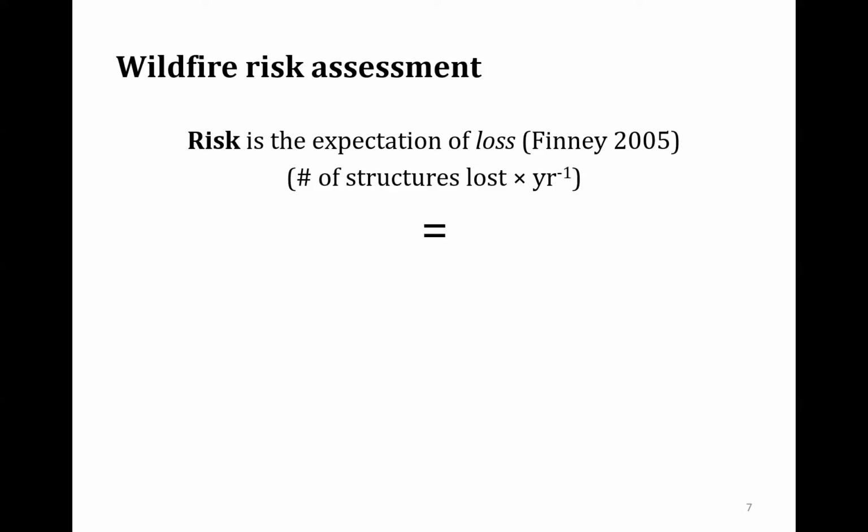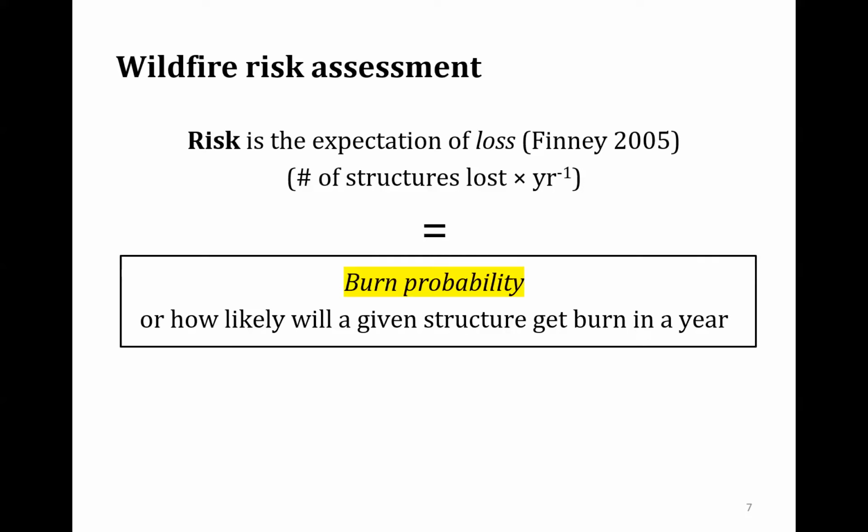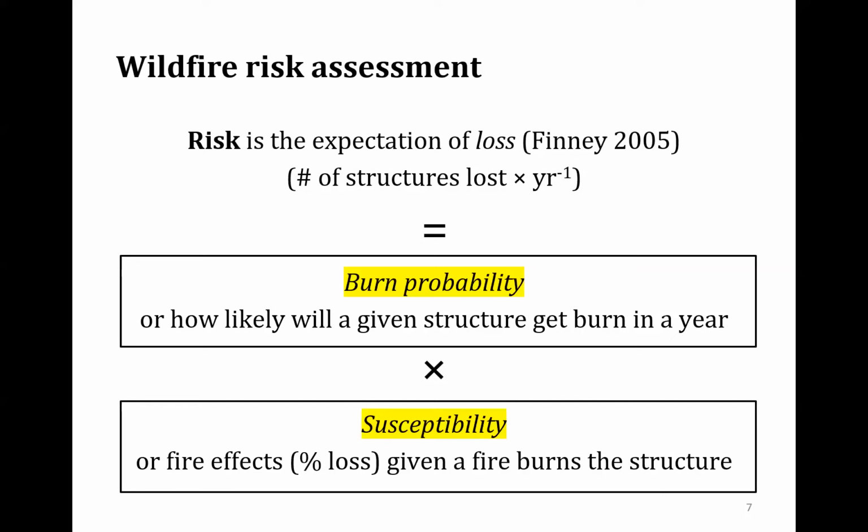And this was obtained as a result of the burn probability, or how likely a given structure is to get burned in a year, times the consequences: what happens if the structure gets burned? In the next slides, I will give you some details about these two separate blocks. And this was done at the structure level.